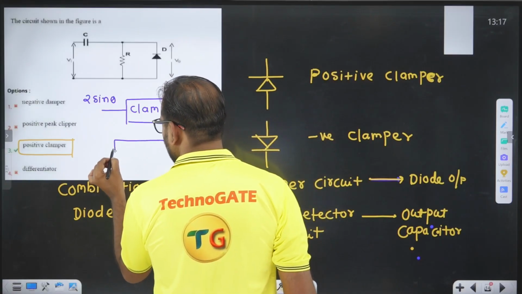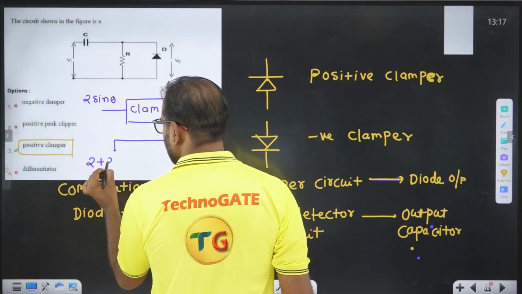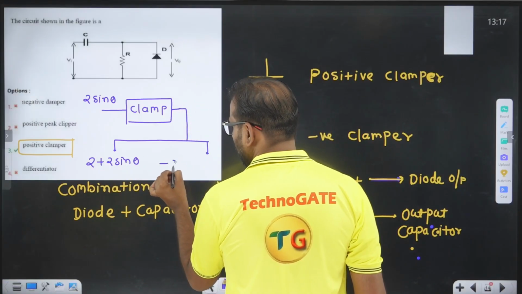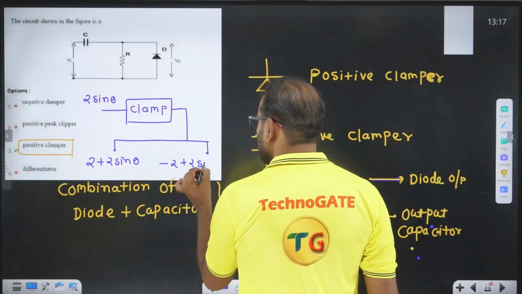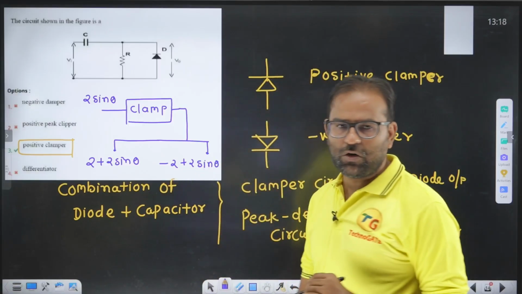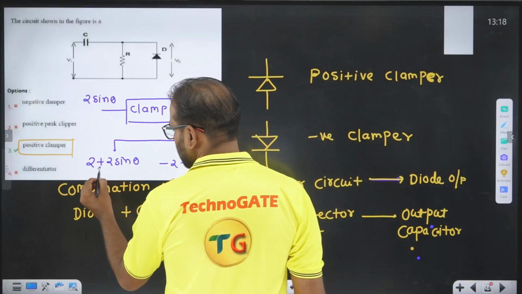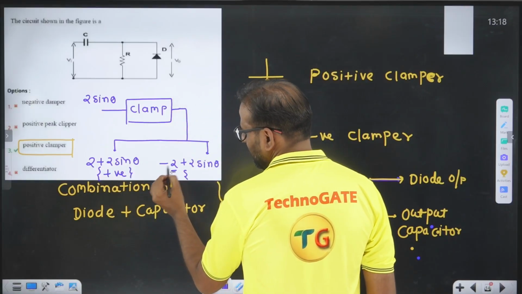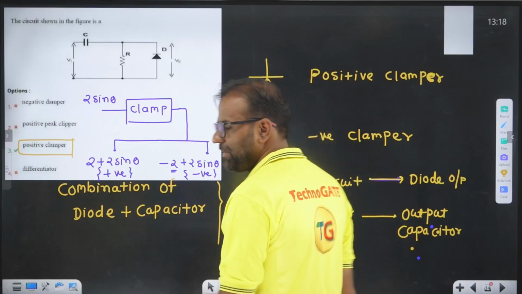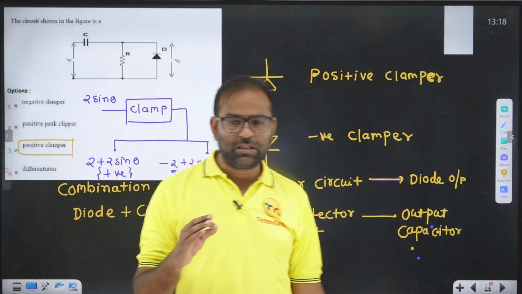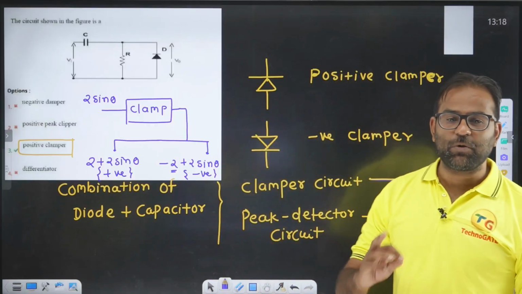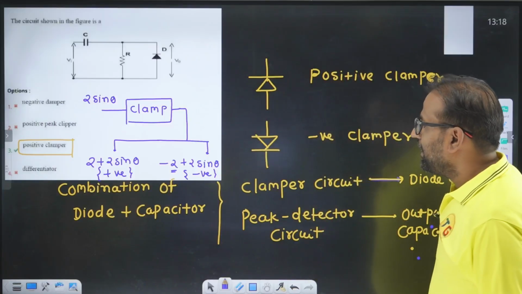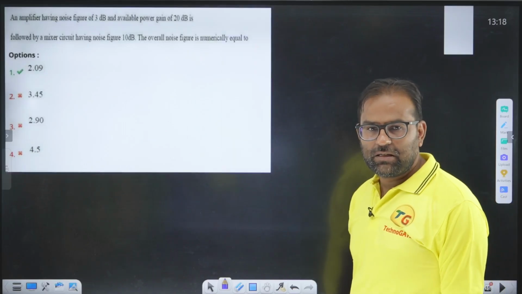Either 2 + 2 sin theta, or -2 + 2 sin theta. If I have the first output, this is a positive clamper, and if the DC is negative, then it is a negative clamper. And who is responsible for storing this energy? The capacitor is responsible for storing this energy. I hope this is clear. So this is the positive clamper circuit. Let's go to the next.